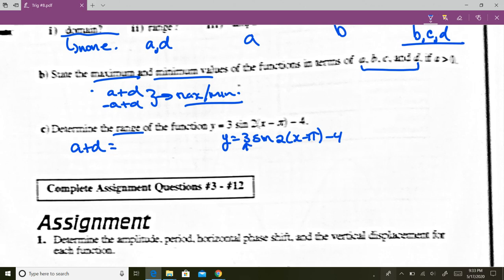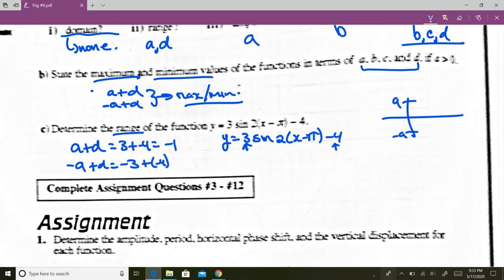There's my a, there's my d. 3 plus negative 4, negative 1, and do negative a, because a sine graph, remember, is a to negative a. Negative a plus d, so negative 3 plus negative 4, negative 7. So the range of this graph is y. The largest value is negative 1, the smallest value is negative 7.